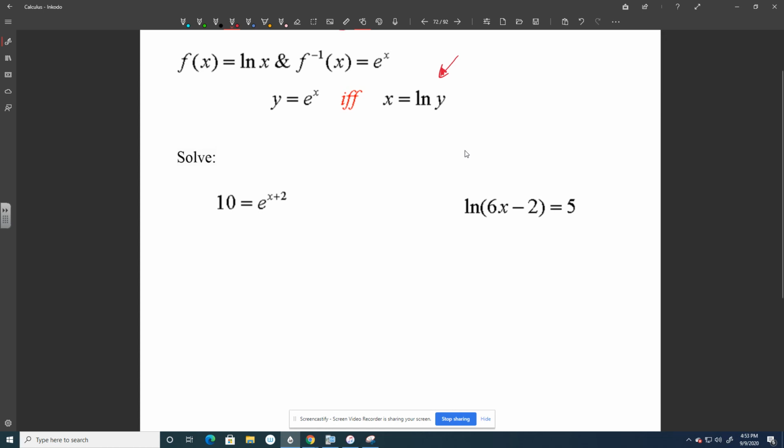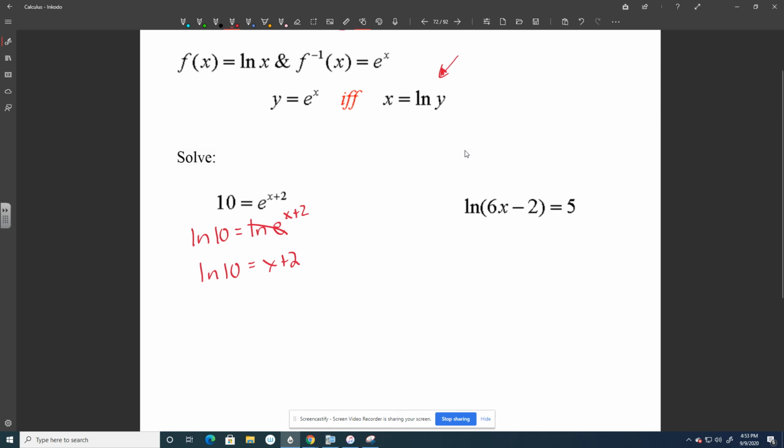So if I've got 10 equals e to the x plus 2, a simple way to get rid of that exponent is to change this to the natural log of 10 equals the natural log of e to the x plus 2. Because this goes away, I end up with natural log of 10 just equals x plus 2.